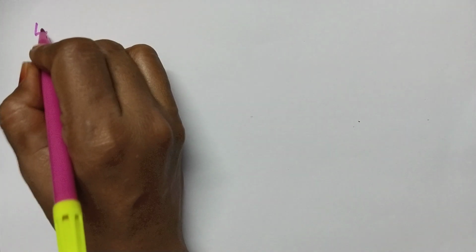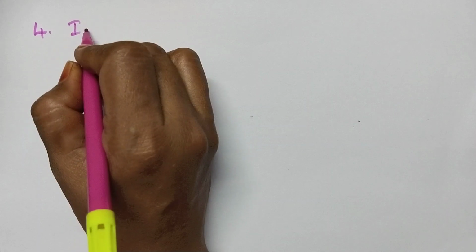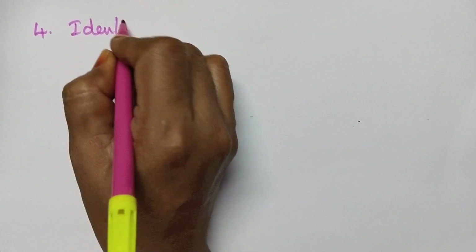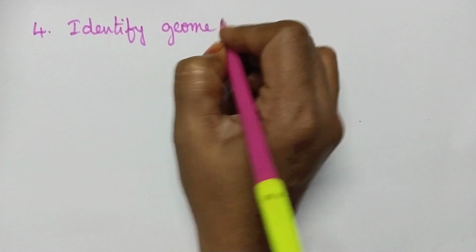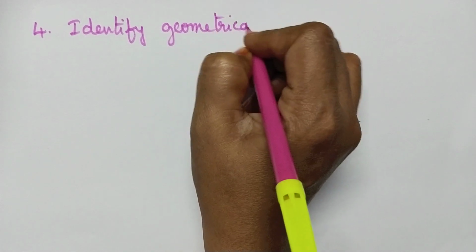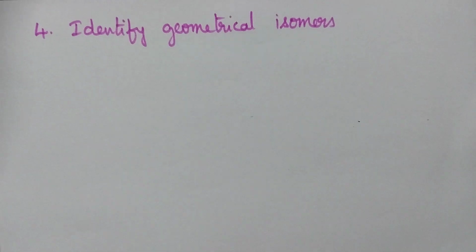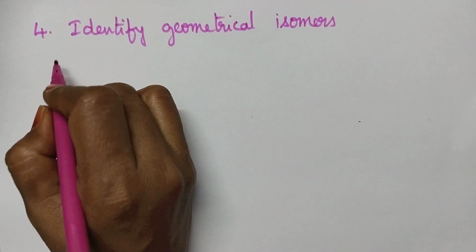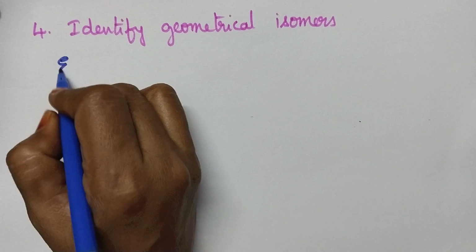With the help of UV spectroscopy, it is possible to identify geometrical isomers. Geometrical isomers means cis-trans isomers. Let us consider one best example, that is stilbene.